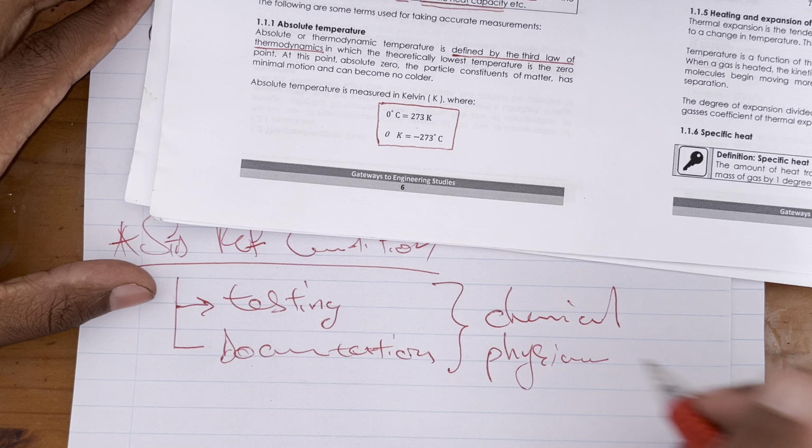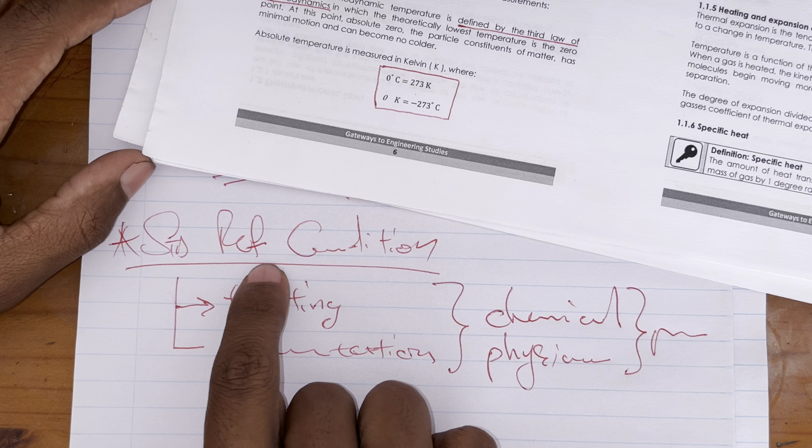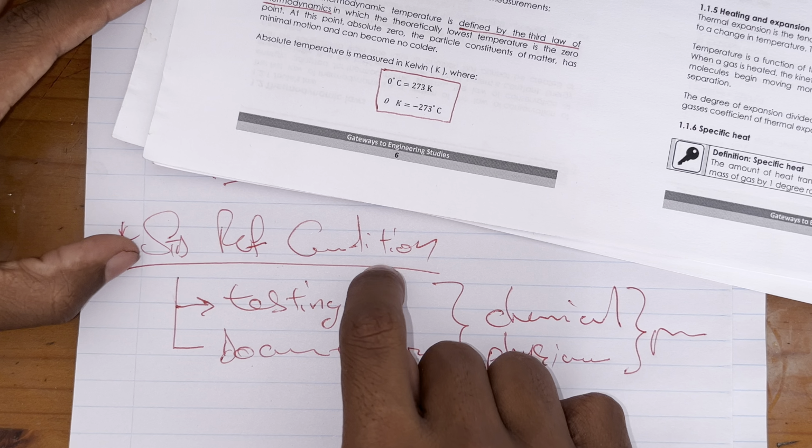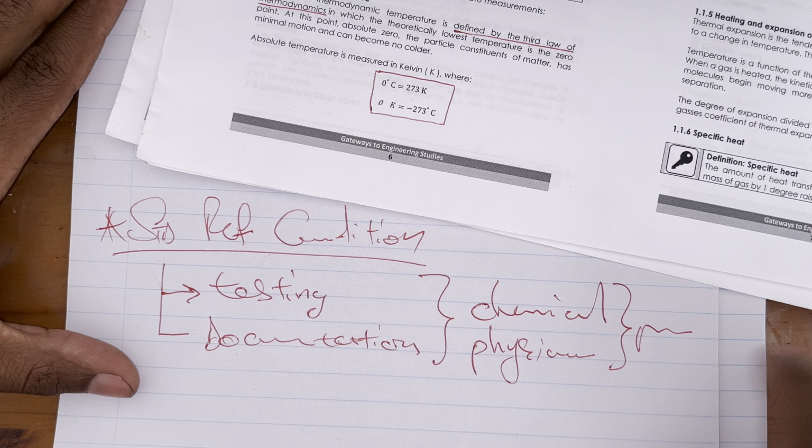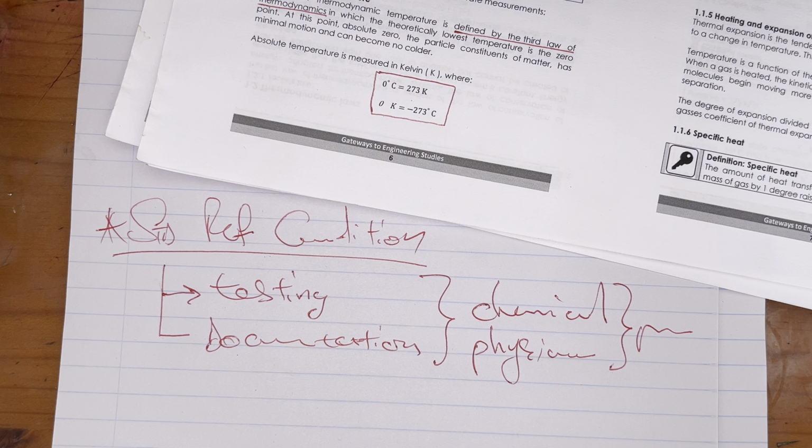That is essentially the objective here. So we have standard reference conditions, and that is used for testing and documentation of chemical and physical processes. So that is basically the introduction.